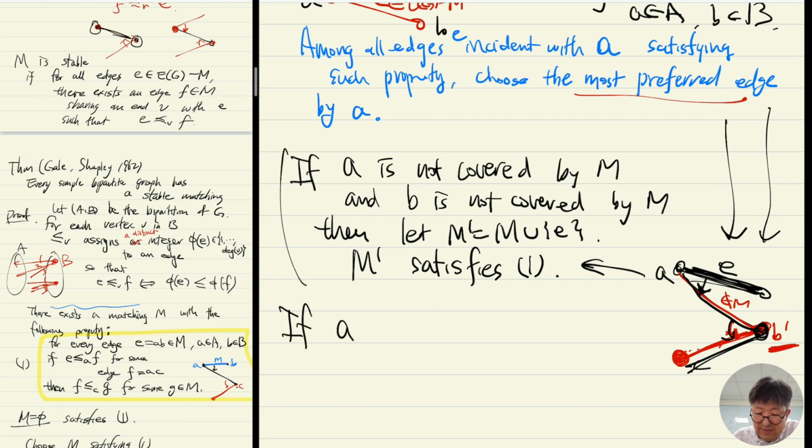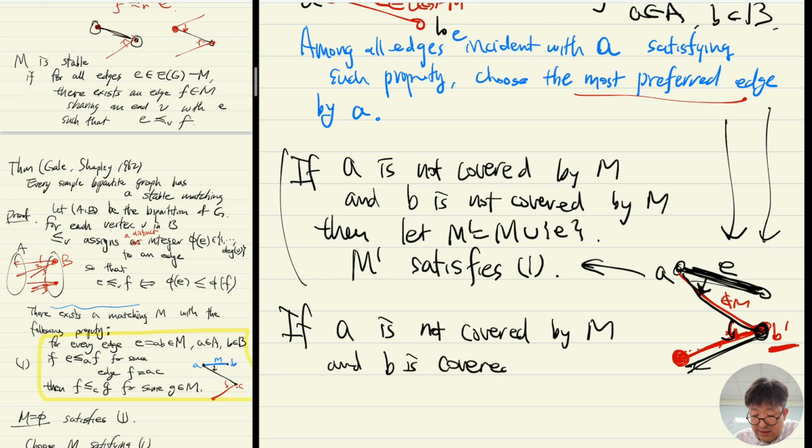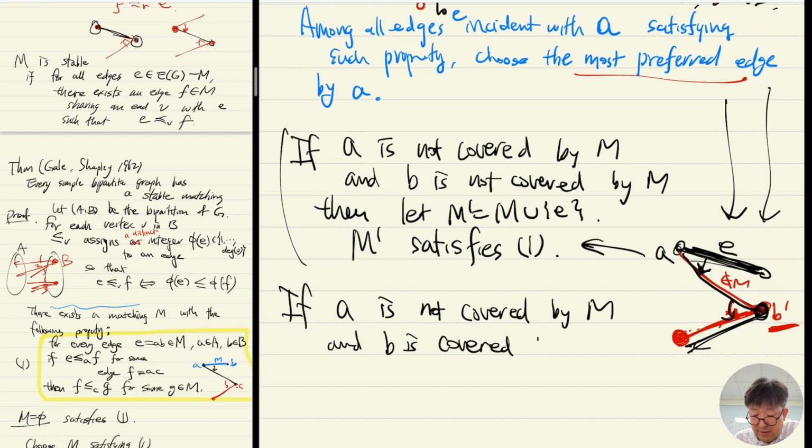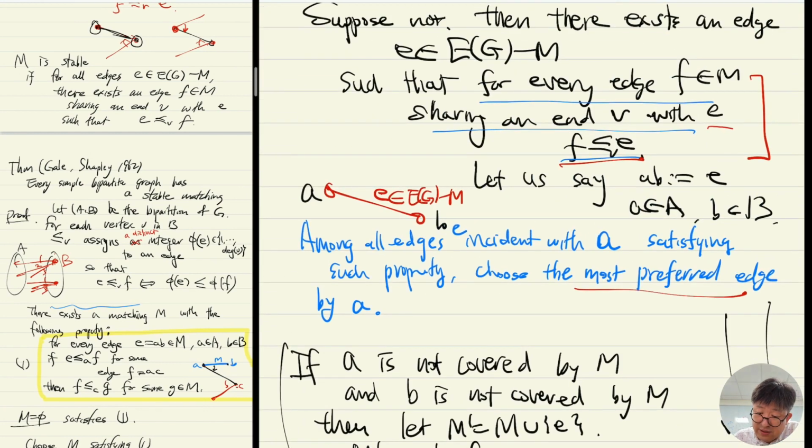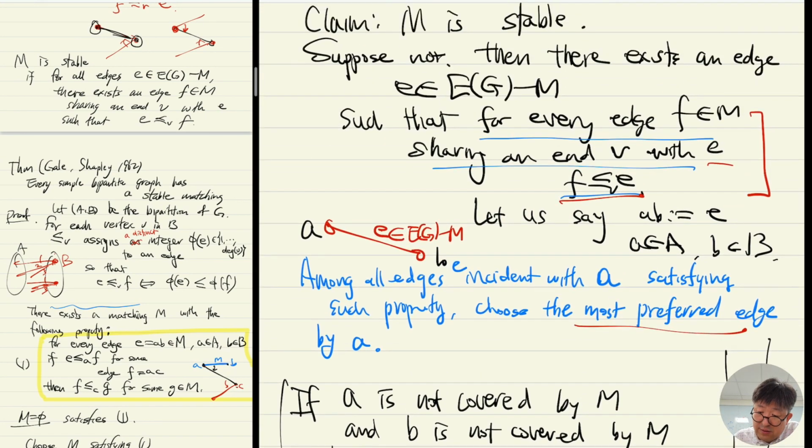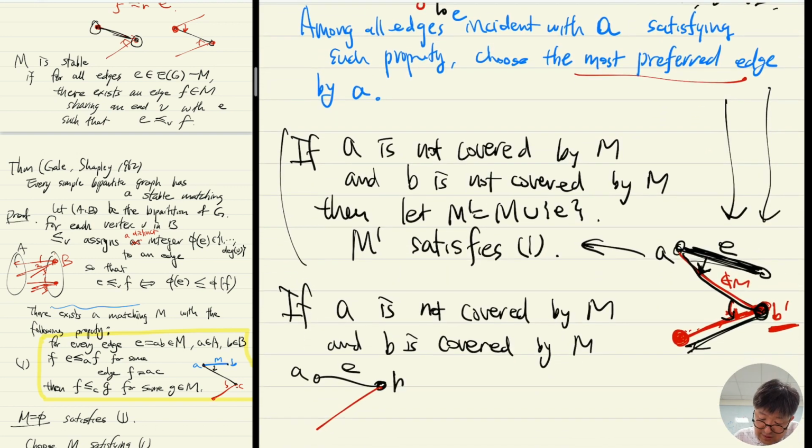Okay, so if A is not covered by M and B is covered by M, what does that mean? If A is not covered, so A, E, but B is covered, and because of our assumption for every edge sharing an end, and this is the assumption, therefore B would prefer this edge.